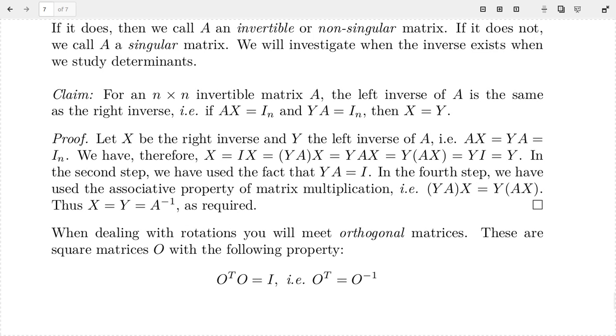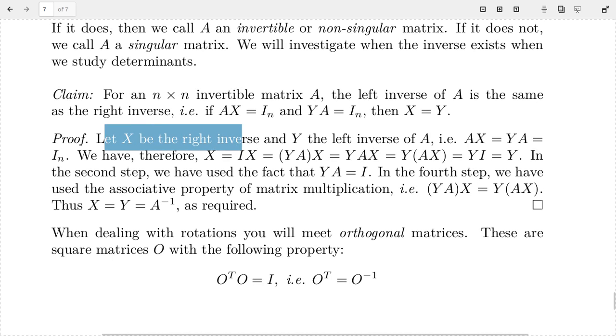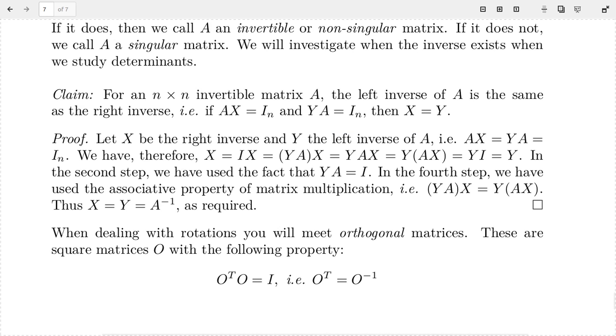How can we prove this? We're going to prove this right now. Let X be the right inverse and Y be the left inverse of A, as in AX equals I and YA equals I. So you must have X equals IX. Now I is YA, so this is YA times X. By the associativity of matrix multiplication, we may write this as Y times AX.